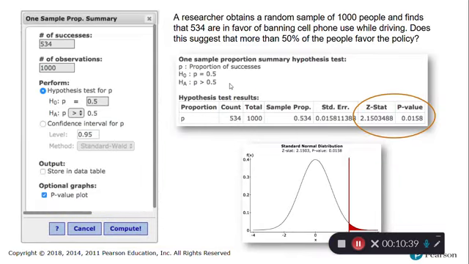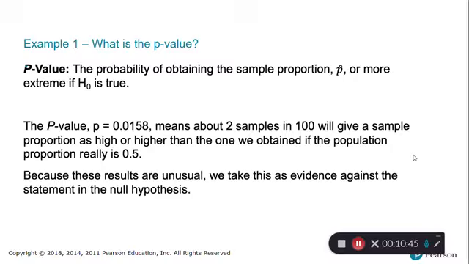Okay, so on this screen, we're circling where the z-stat and the p-value were, just to point that out. So what the p-value is telling us is the probability of obtaining the sample proportion p hat, or more extreme, if H naught is actually true.